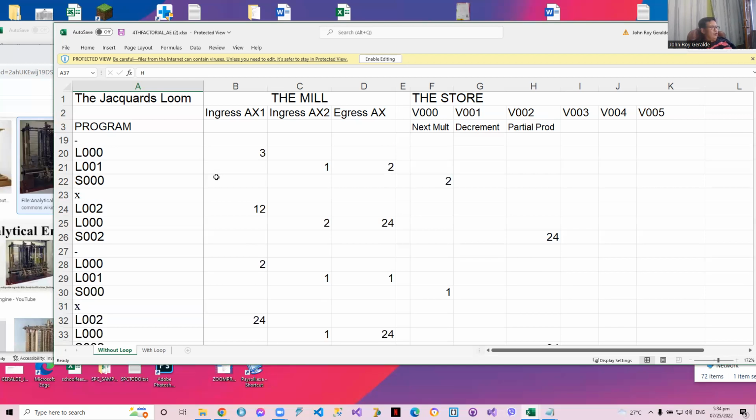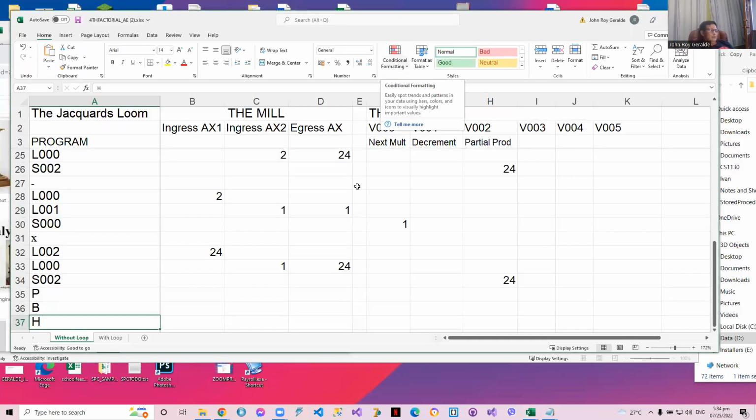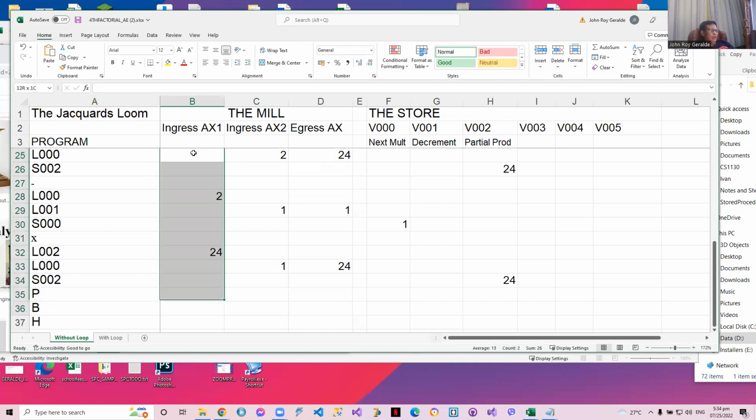This is the fourth factorial. Do you follow? What is a fourth factorial? Can anybody tell me what a factorial is? Anyone? What's a fourth factorial? What is the first factorial?